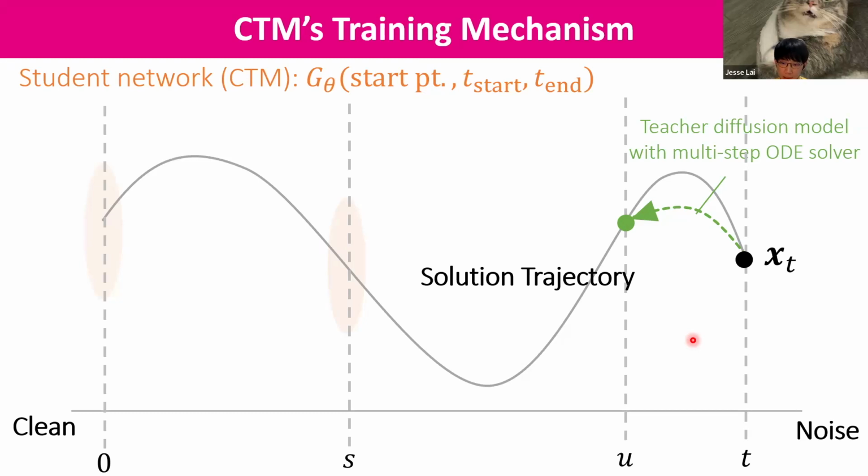The second reason is for CTM, when S is exactly T, this gives us the infinitesimal slope. And as an initialization of CM or CTM, we initialize it the same way as the pre-trained diffusion models, right? So for CTM, because S is close to T, this is exactly the slope.